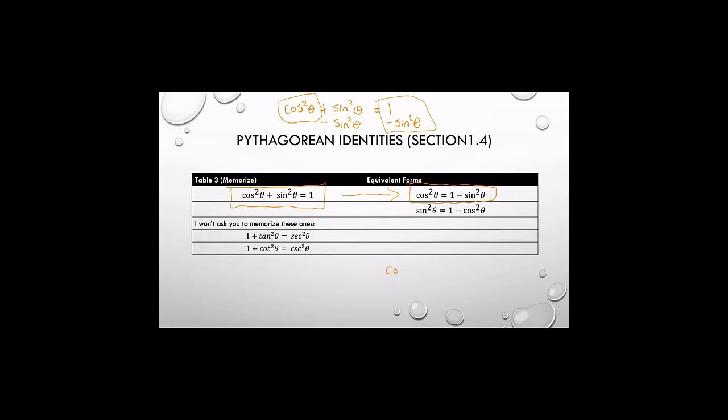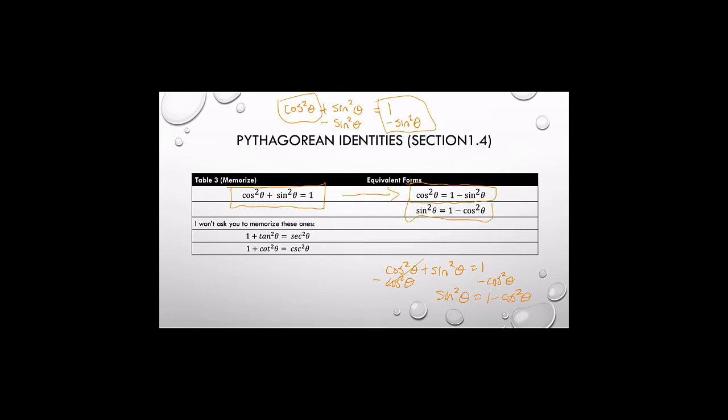If instead I subtracted cosine squared from each side of the equation, so let me just walk through that. Here, if I subtract this from each side, then these guys cancel off, and I'm left with sine squared theta equals 1 minus cosine squared theta, which is the second one.